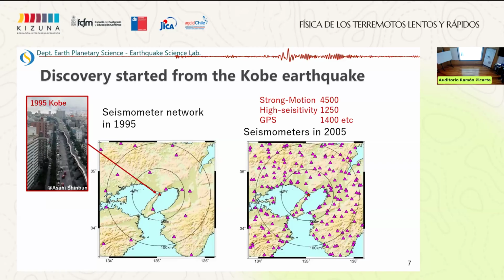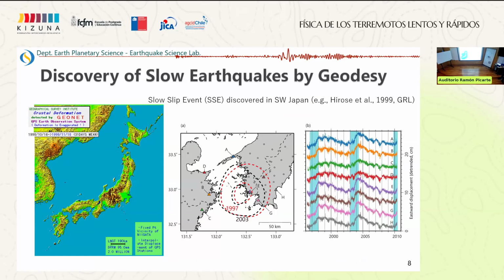And these are seismic network, and we have GPS network. Using this GPS network, we can monitor the deformation of Japanese island in detail. This is an already very old movie. It was made 25 years ago.